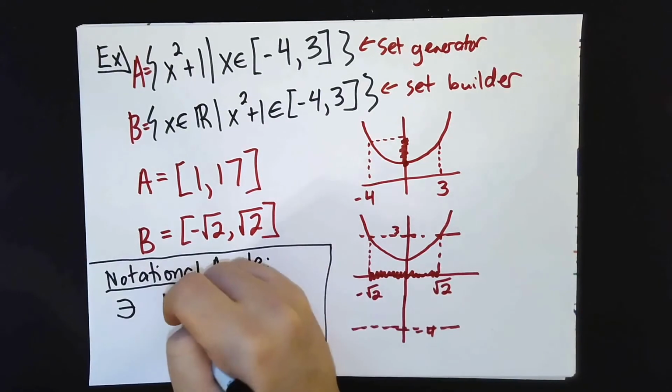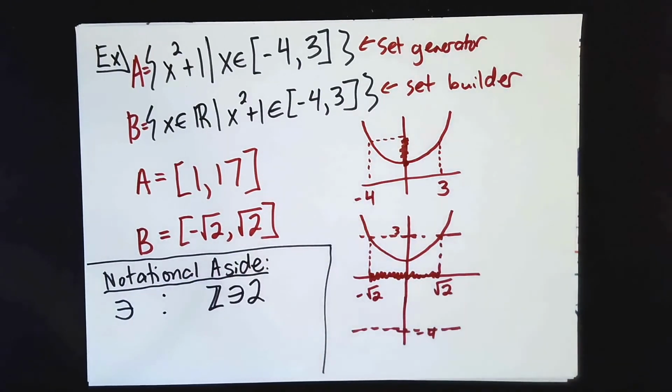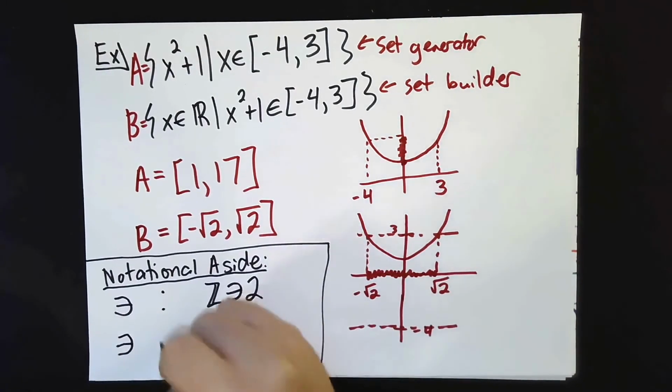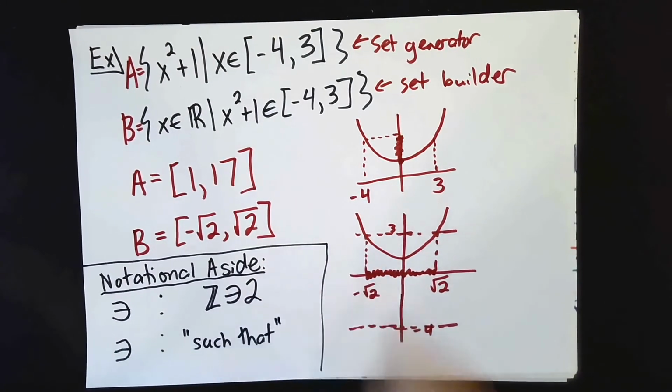And so here, if you read this out loud, this would be z contains 2 as an element. Or just z contains 2, or whatever. Be careful with the word contains, though, because in the abstract, contains could mean subset or element, and those two things are very different. But this is also used sometimes to mean such that.